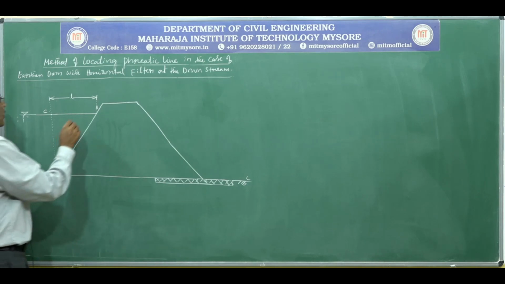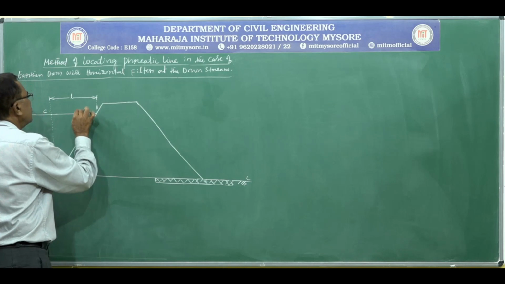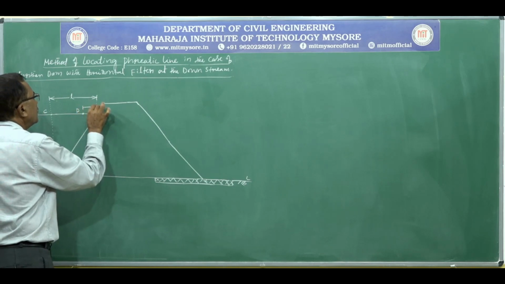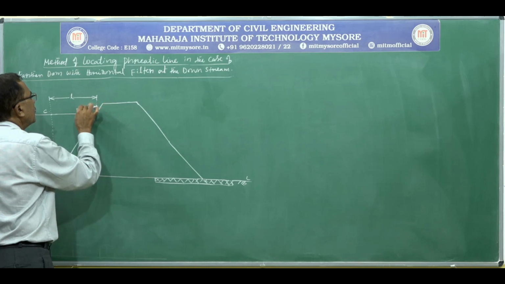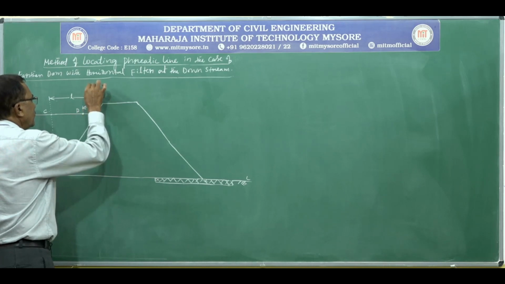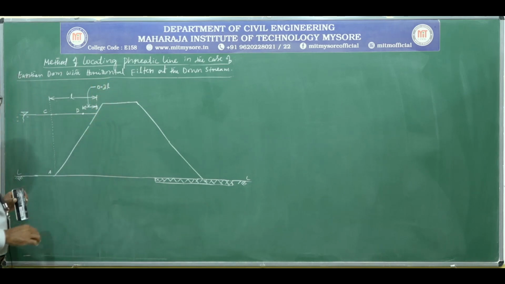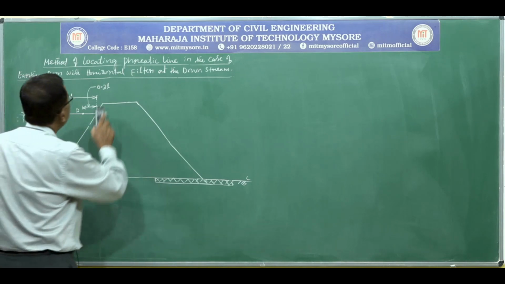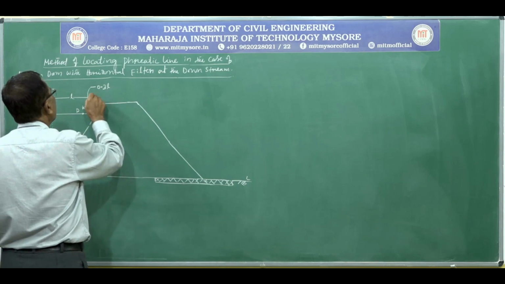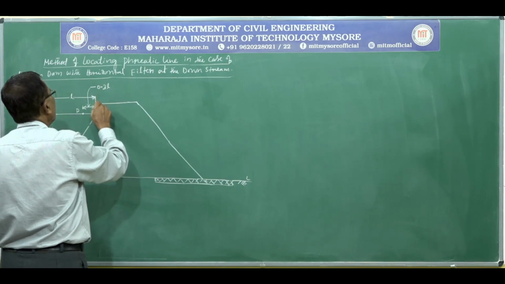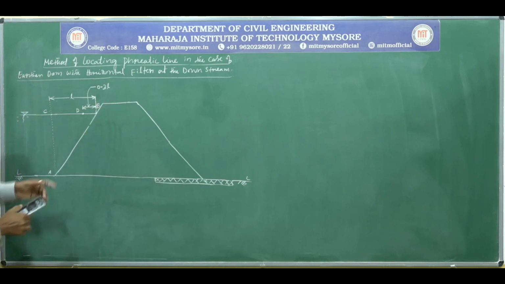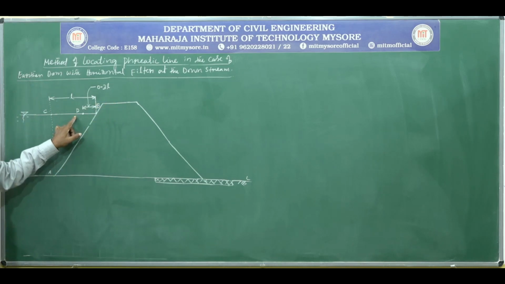Select another point D at a distance 0.3 times L from B and locate point D. This point D is known as the theoretical commencing point of the phreatic line.